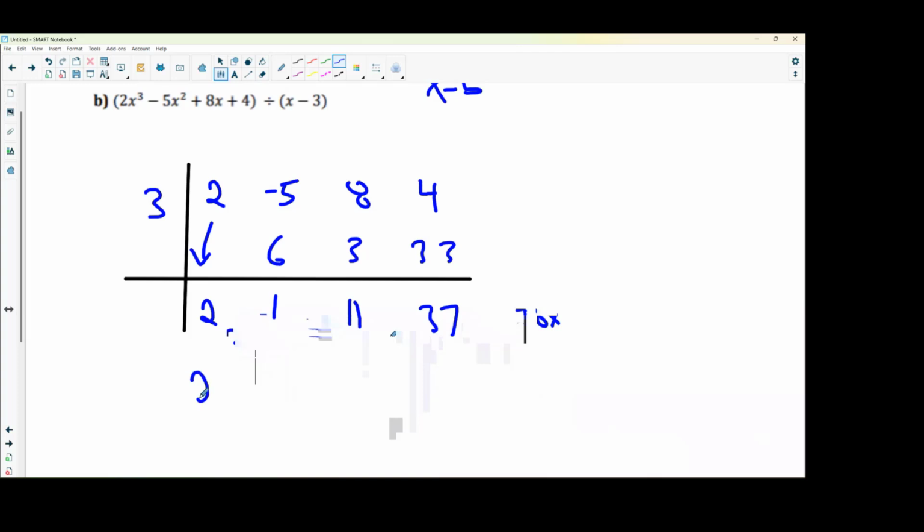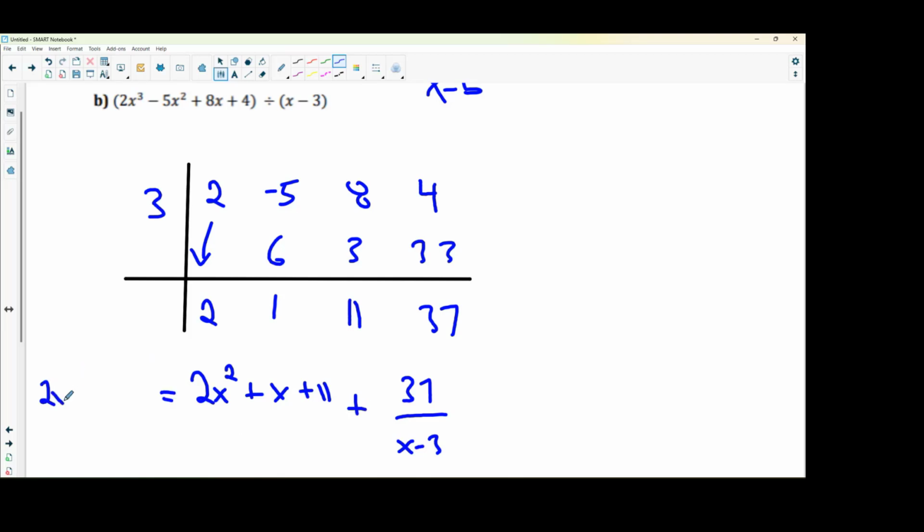The final answer is 2x to the power of 2 plus x, or 1x, plus 11, with a remainder of 37 over x minus 3, is equal to our initial polynomial.